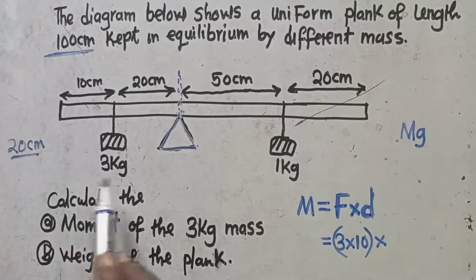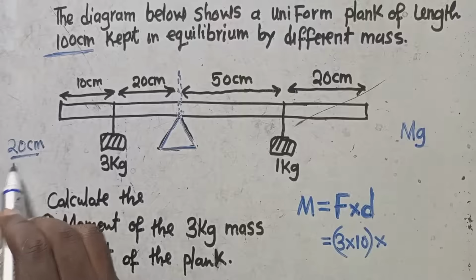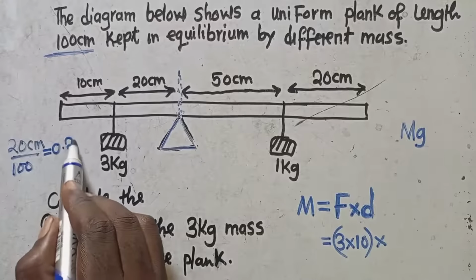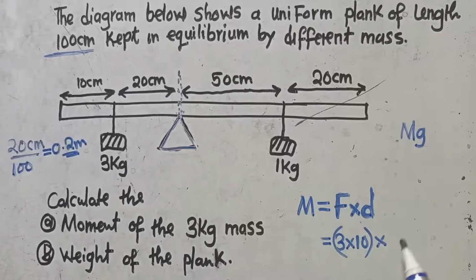Since this is in centimeters, you are going to convert it to meters. So you divide by 100, where you are going to get 0.2 meters. So you are going to get 0.2 this side. When you multiply, 3 times 10, you are going to get 30.